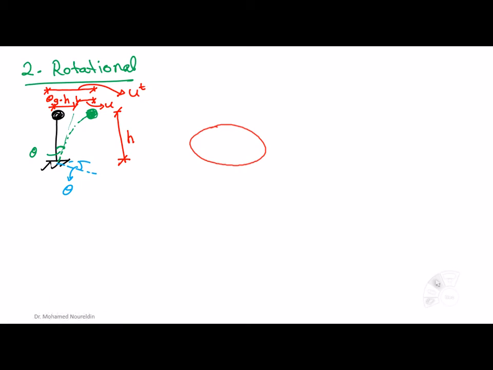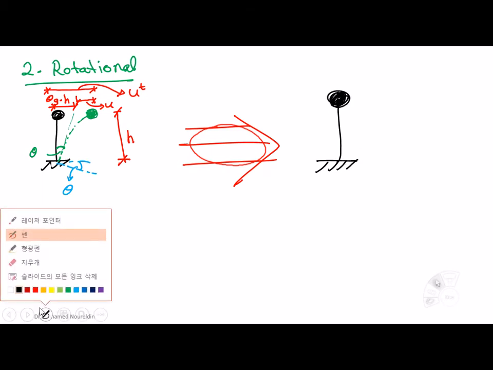So this is the case for the rotational one. In this case, we are going to say that this system is equivalent to another system which is stationary at the bottom, as if the same mass is there and it is stationary at the bottom.